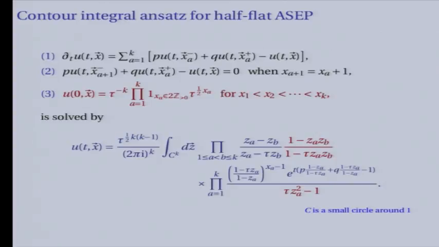And one can check that, when I plug in the one with the tau to the minus a half, I get something here which looks like tau to the half xa. And when I plug in the other one, essentially one gets something like tau to the half xa times 1 plus minus 1 to the xa.